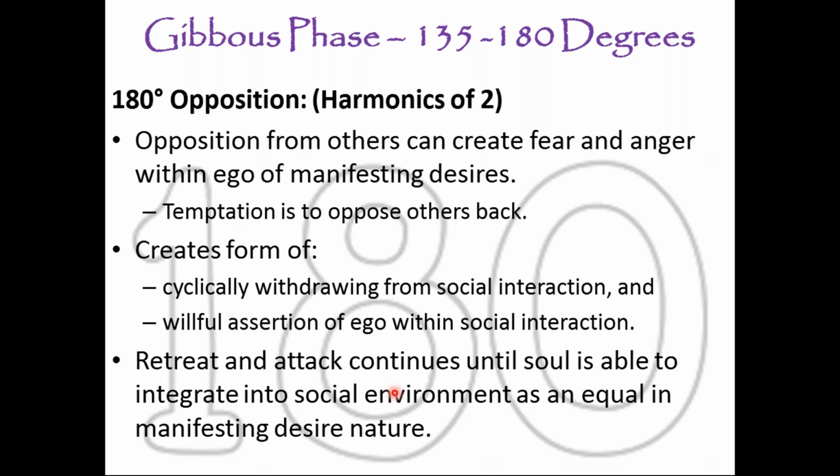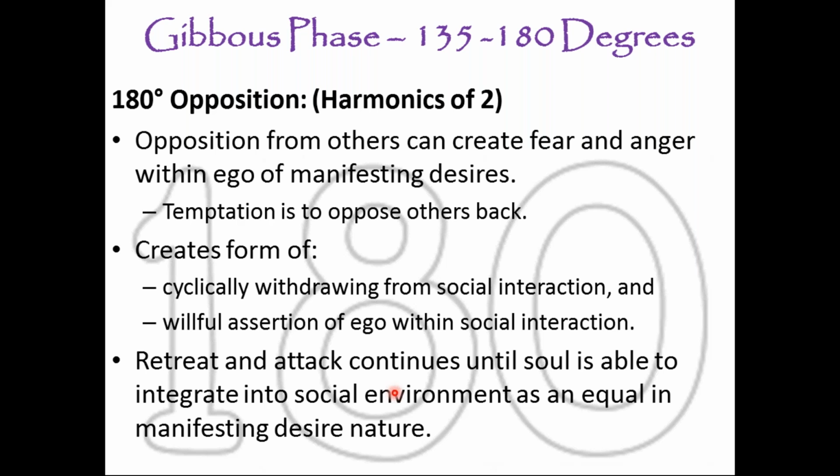So we experience this opposition from others, and it can cause fear, or it can cause us to retreat. I don't have the will, Mars, to manifest these desires. Or it can cause anger. Why are they opposing me? Why won't they let me create this?